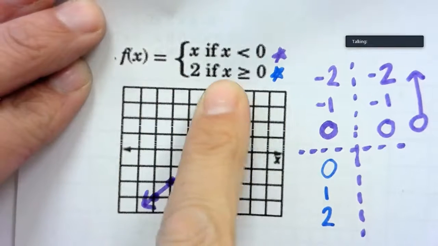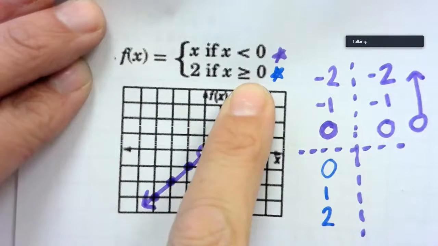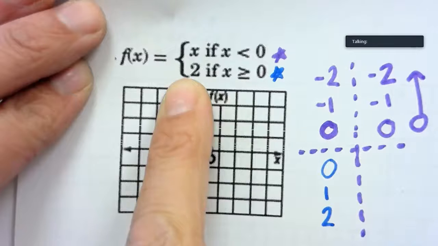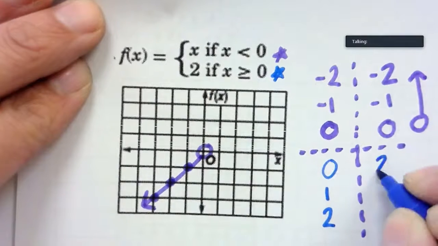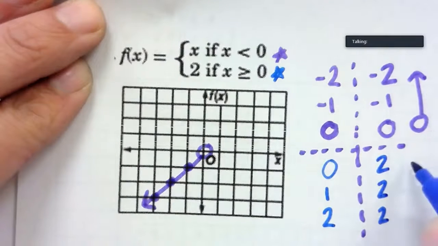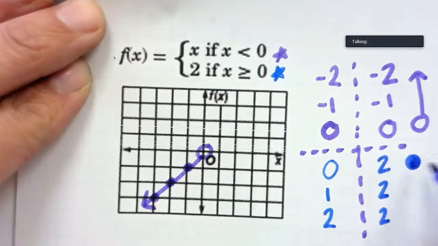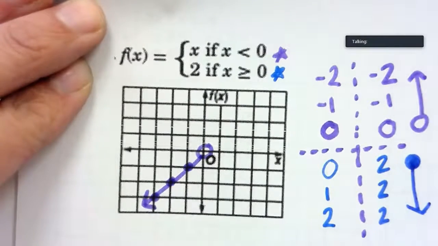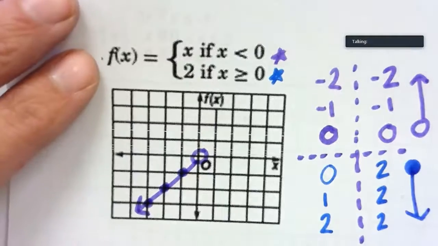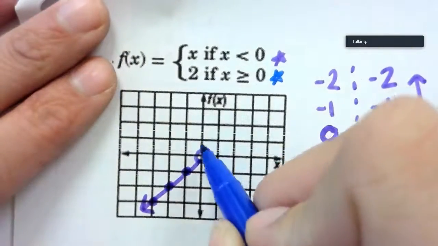The bottom equation says for all x values greater than or equal to 0, the y values are 2. So that means I have the closed circle at (0, 2). And every value from x on will always have a y value of 2.